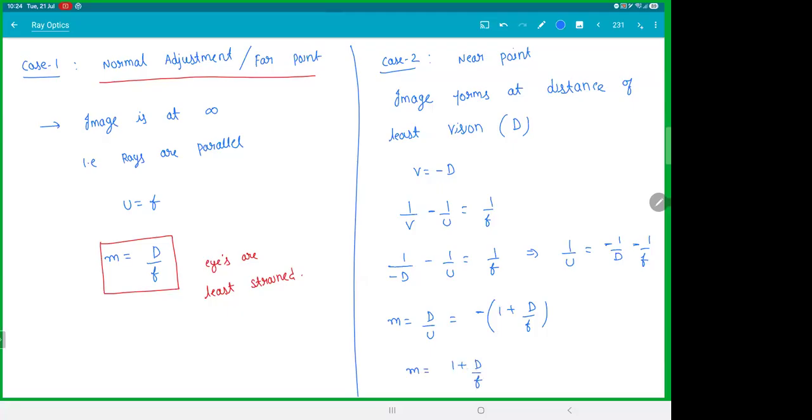Just take the magnitude. So you actually get a little more magnification. If you use the near point, you get a little more magnification, but the eye is maximally strained. You won't be able to work for long.